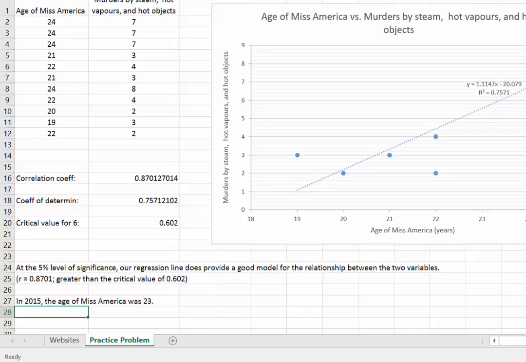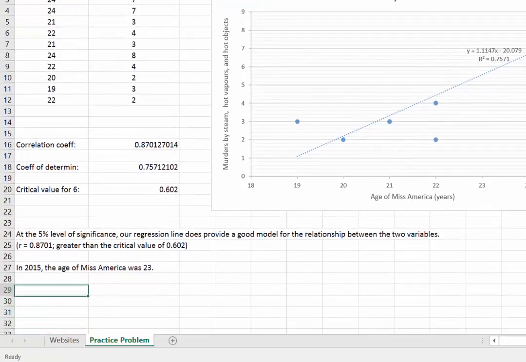The first thing I'm going to do is give the equation of the regression line. I'm just going to type it here. So it's y equals 1.1147x minus 20.079.